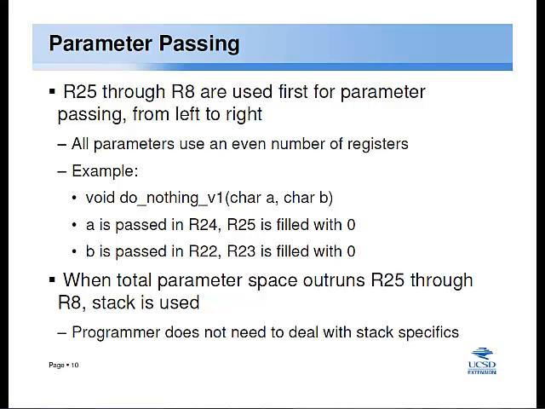So the value of parameter A is going to be stored in register 24, and 25 is going to be filled with 0. Likewise, the value of parameter B is going to be put into register 22, and 23 is kept with 0. So any questions so far?